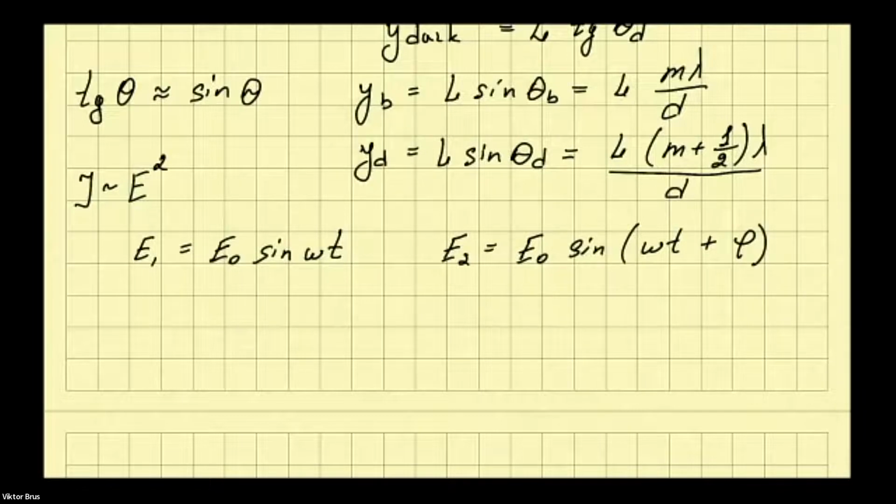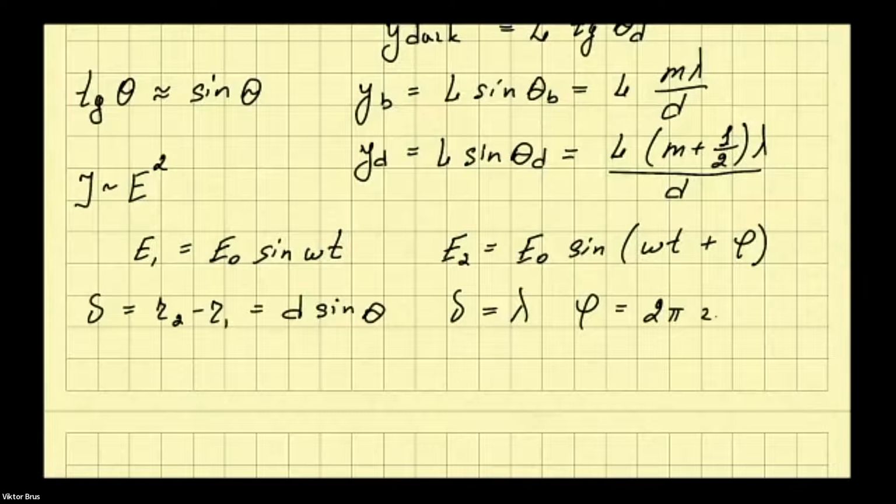Which obviously is directly related with the path difference. So we remember that path difference is R2 minus R1. That is equal to d times sinus theta. And if this delta is equal to lambda, to the wavelength, then we can write that phi is equal to 2 pi radian.